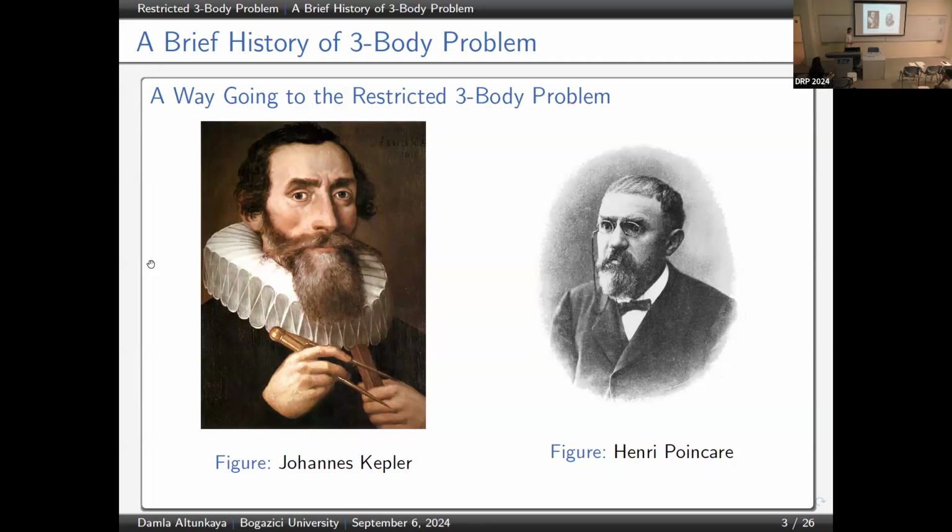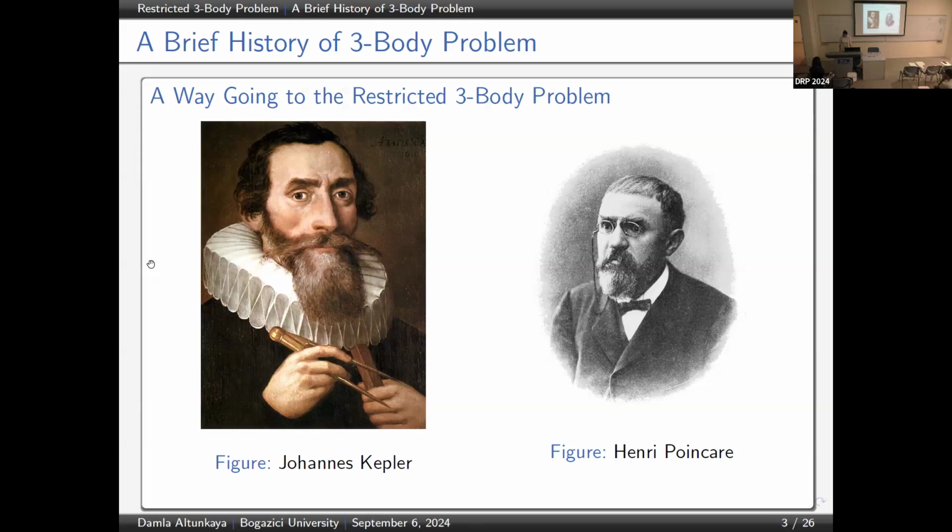Okay, the history of the three-body problem actually goes back to Newton and Kepler, for n equals 2, the two-body problem. Newton studied the equations of motion, and then Kepler introduced the orbital mechanics and the orbits of the celestial bodies.